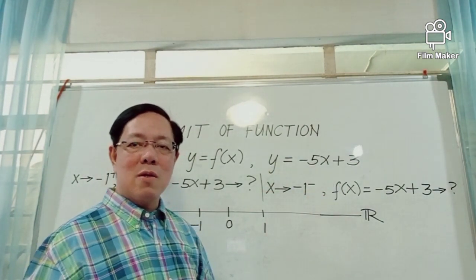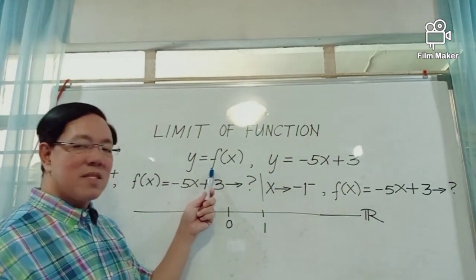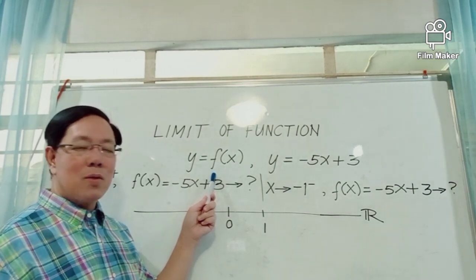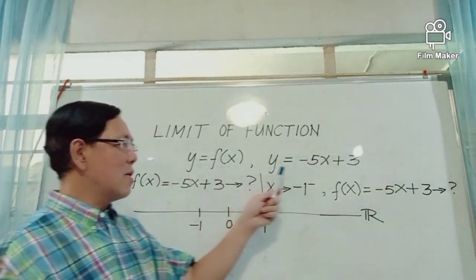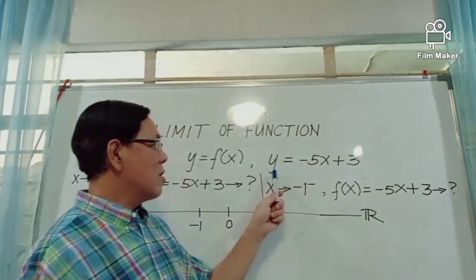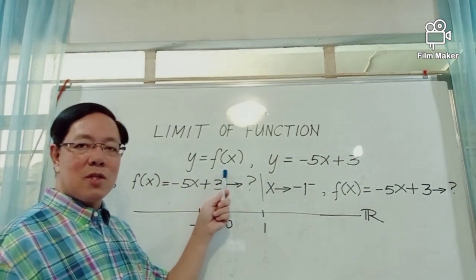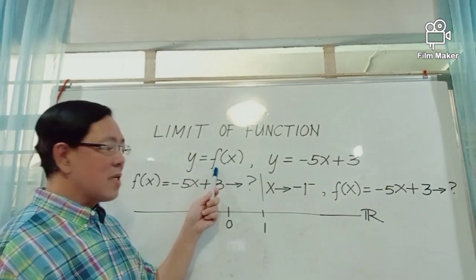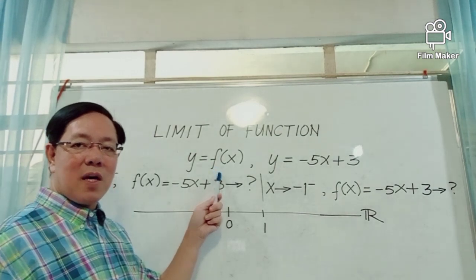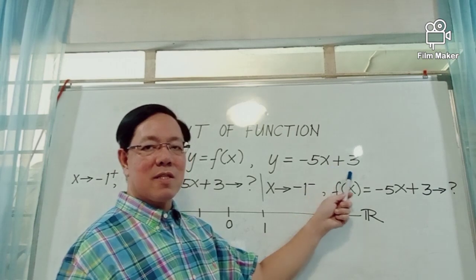Now we will investigate what will happen to the values of the function f of x equals negative 5x plus 3. If you compare this equation with this function notation, you can see that the function f of x in this example is equal to negative 5x plus 3.